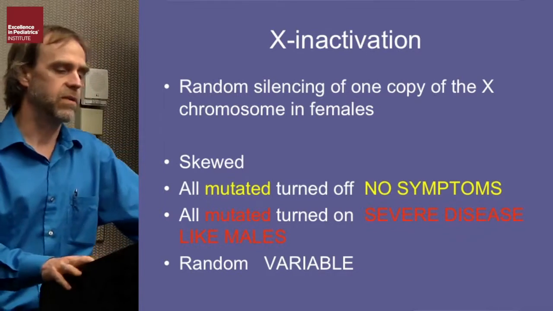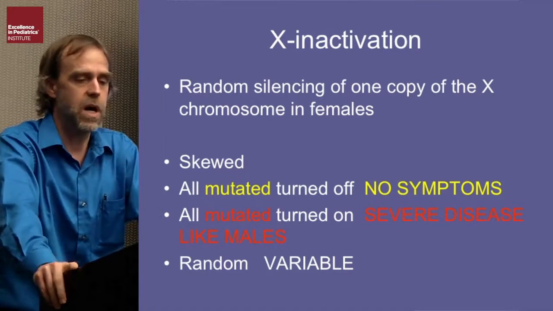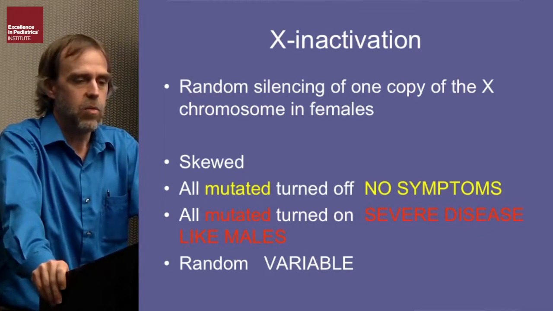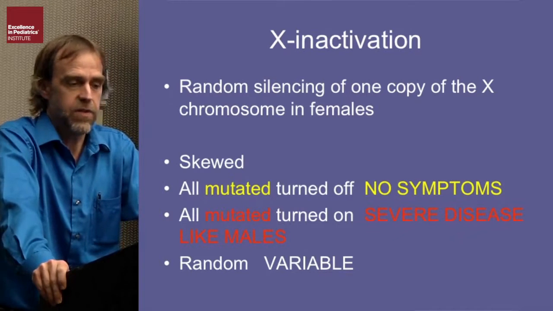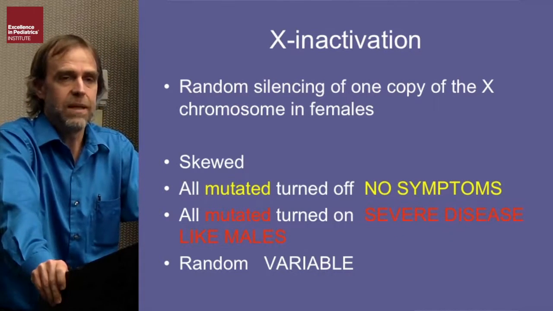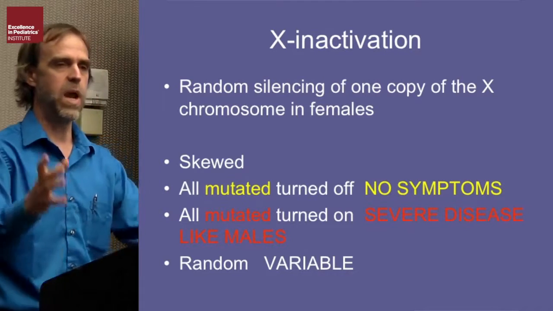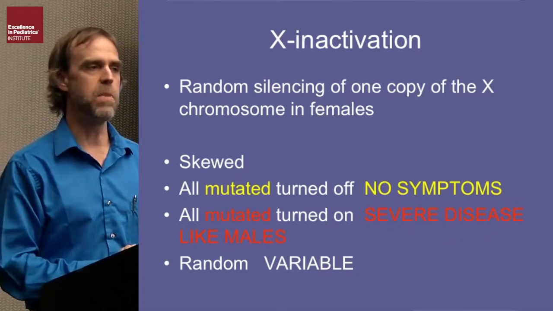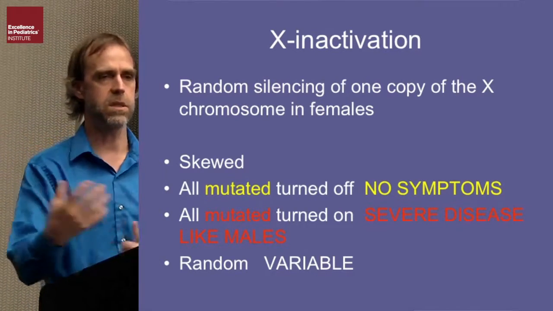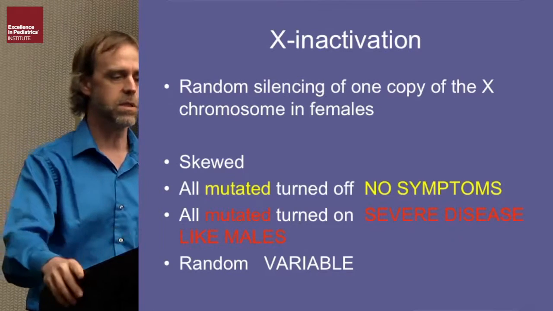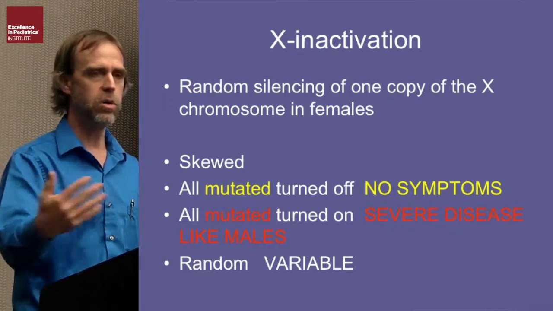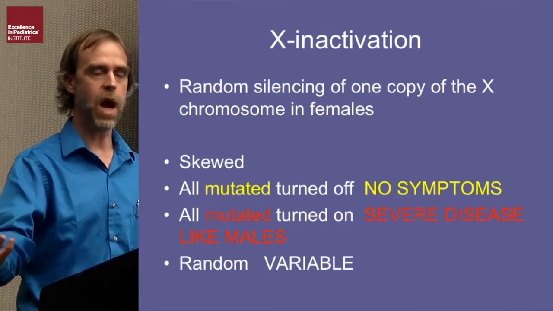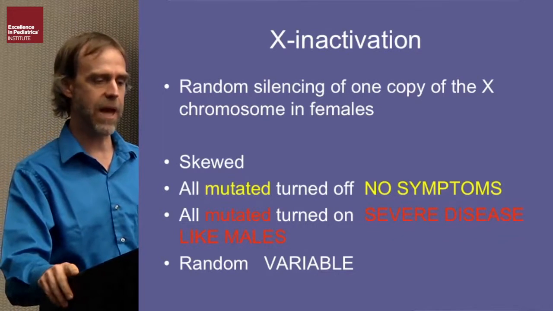So the X inactivation that we've mentioned a couple of times: if the X inactivation is skewed, meaning that instead of having a random selection of X's that are a mix of the one with the mutation and the one without a mutation, you have only one copy active.